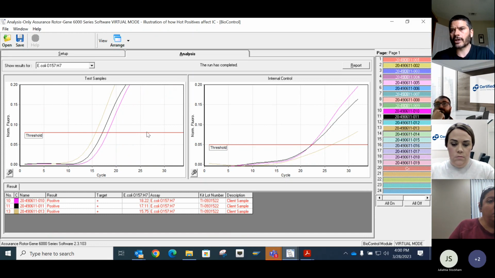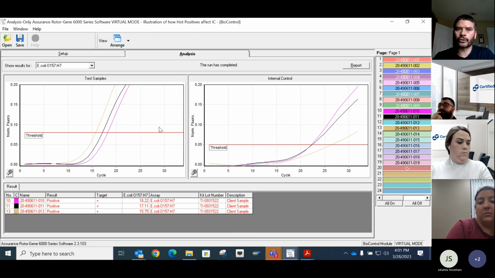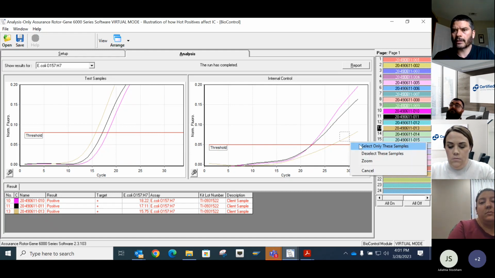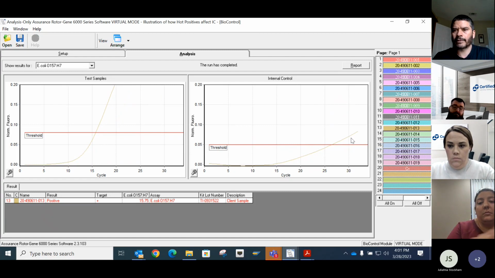Because basically it's doing exactly what I just told you we did not want the internal control to do to our DNA target. Since this started amplifying so early, it uses up the nucleotides. So the internal control for that corresponding sample does not have nucleotides to build its double strand. And this goes back to what I was talking about earlier.